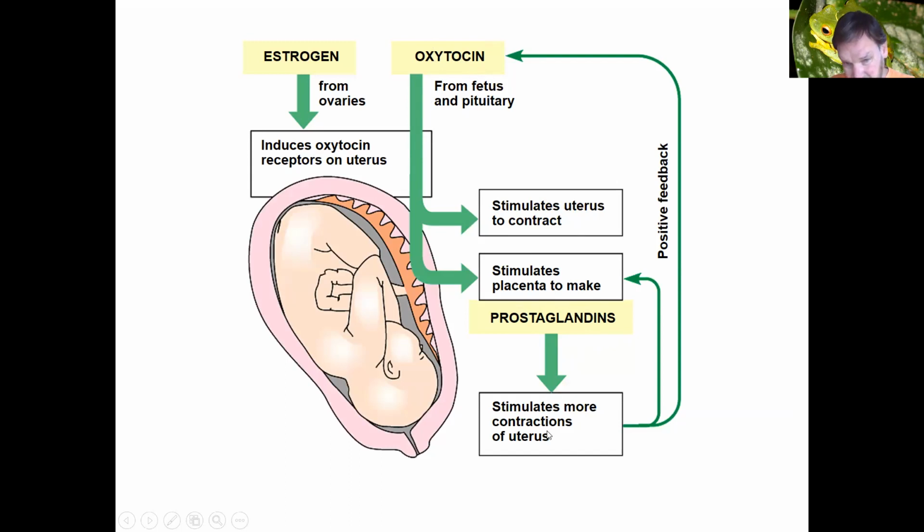So increasing stimulation, creating a positive feedback cycle where eventually you have contractions increasing in frequency and strength that is going to allow for the fetus to move through the birth canal.